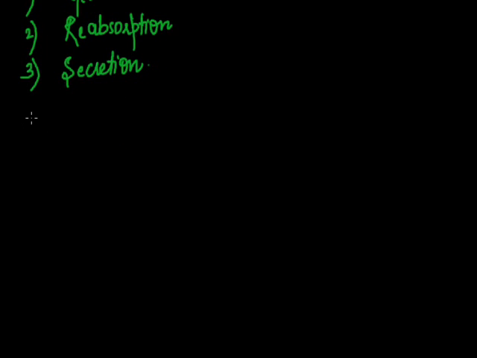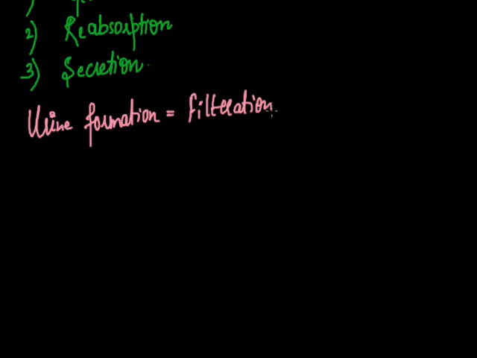So urine formation equals filtration minus reabsorption plus secretion, because what is reabsorbed by the blood is not removed with the urine and remains in the body.